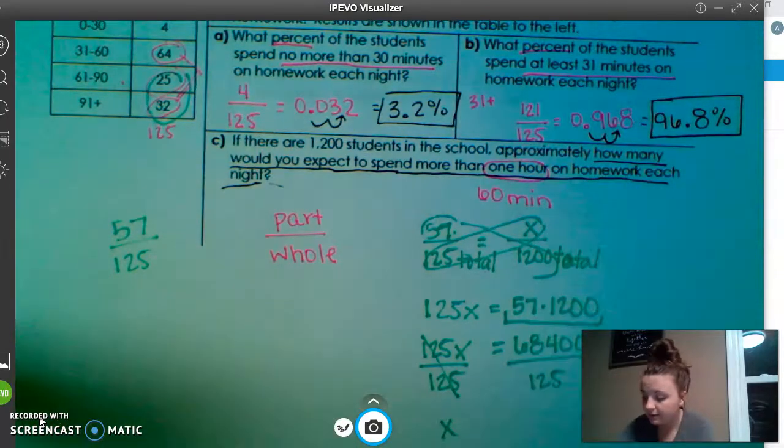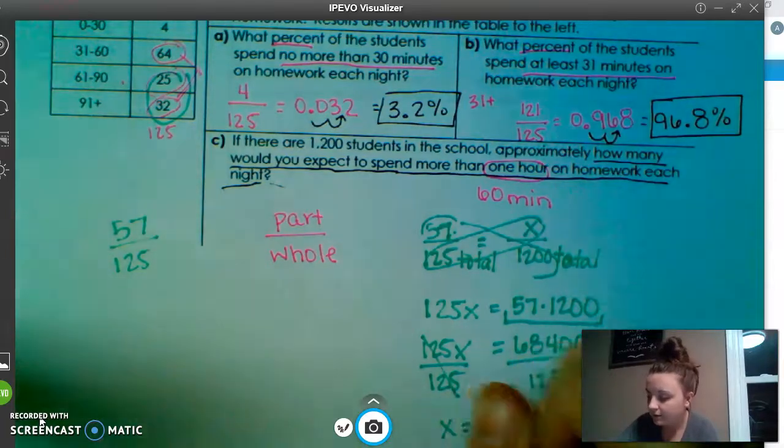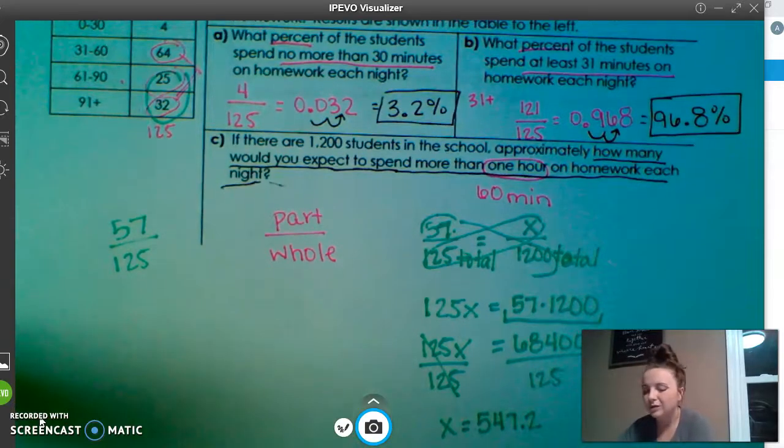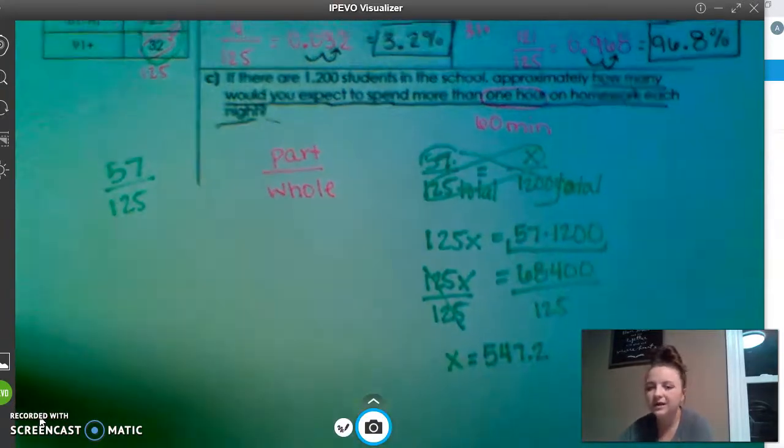So now X equals 547.2. We can't have 0.2 students though, can we? We just can't.